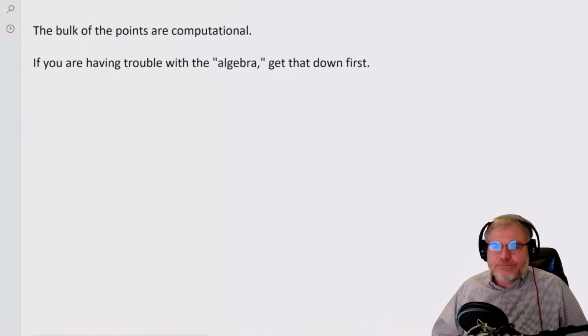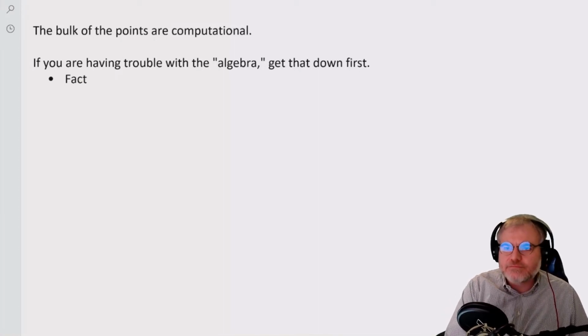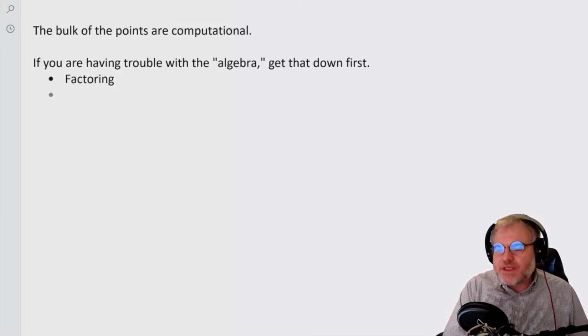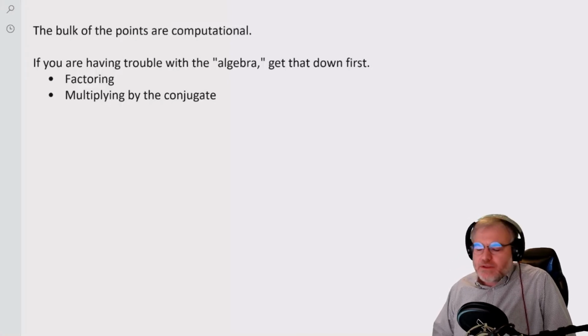Stuff like factoring, multiplying by the conjugate, that is the bulk of the important material, because if you can't do the algebra, it's going to mess you up.